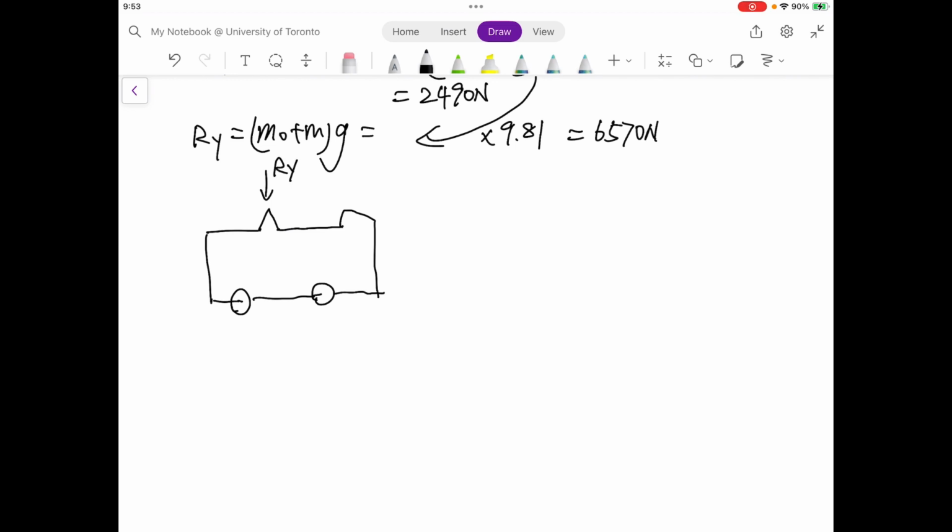This is Ry, here is the Rx. And we can mark all the lengths we have right here. By the way, here has the mass, this M2G, here's MB, here's NA.